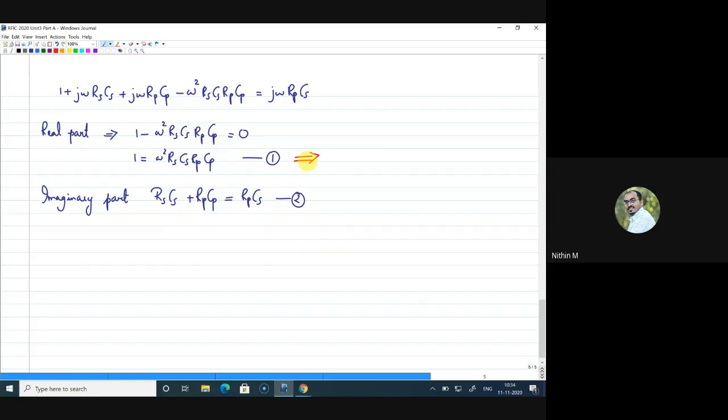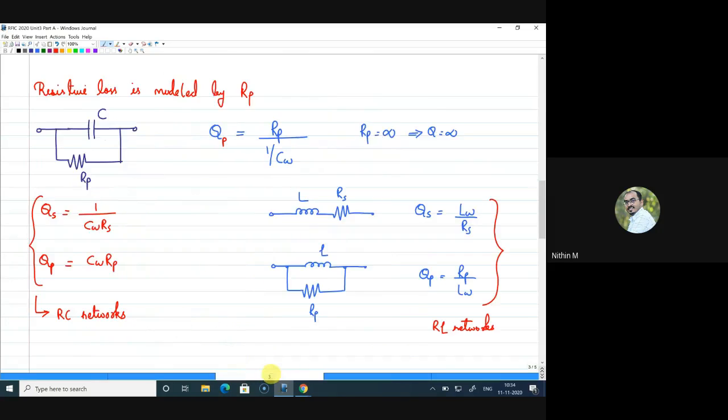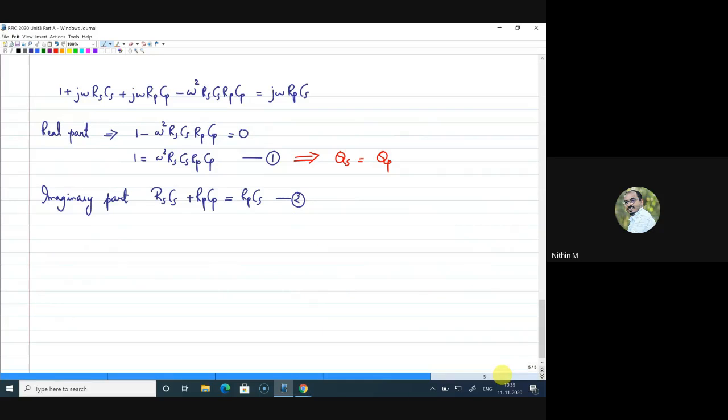Omega square RSCS RPCP is equal to 1, which means the Q factor of the series network is equal to the Q factor of the parallel network, because we have seen that the Q factor of series is 1 by omega RC, and the parallel is omega RC. You can see that the product is equal to 1. That means QS is equal to QP. That is the first inference from the first equation.